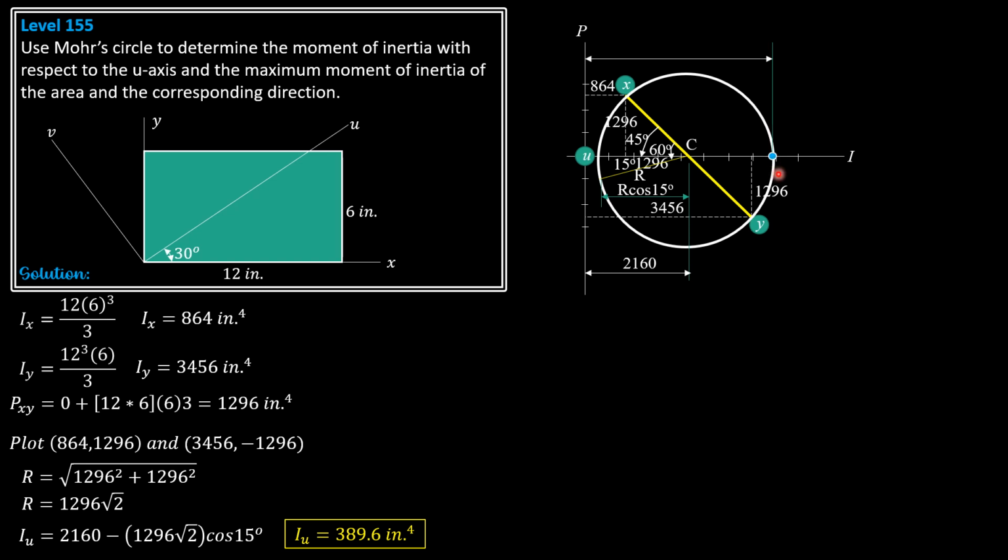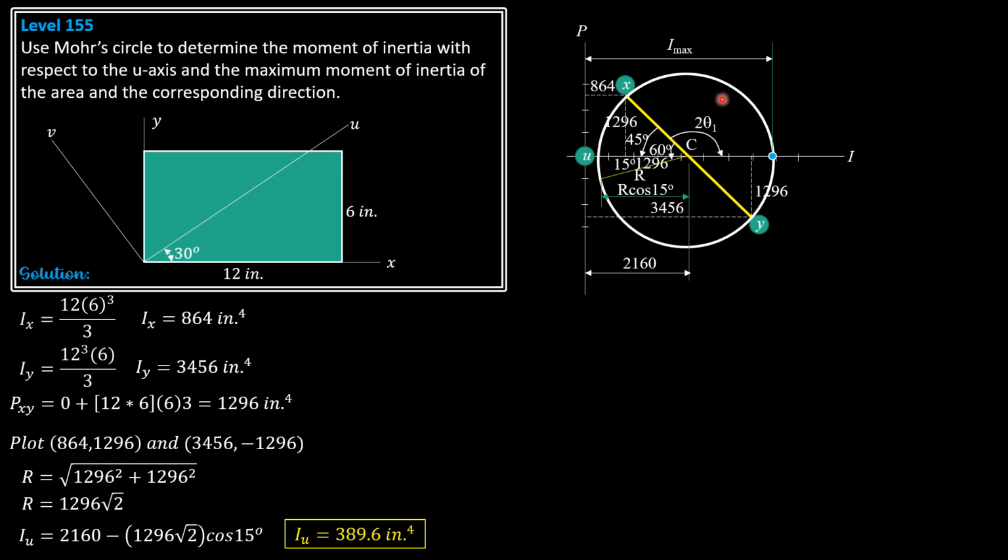So I max is equal to 2160, the center coordinate, plus the radius.